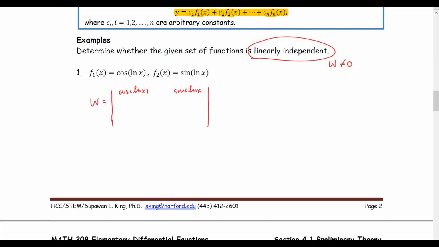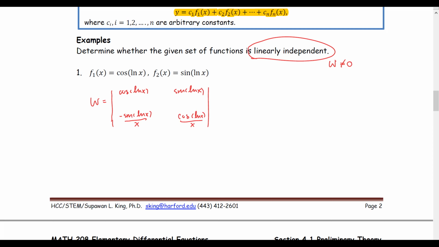The derivative of the cosine is negative sine of natural log x, and the derivative of log x is 1 over x by the chain rule. Similarly, for the second function, the derivative of the sine is cosine of natural log x multiplied by the derivative of log x, which is 1 over x.